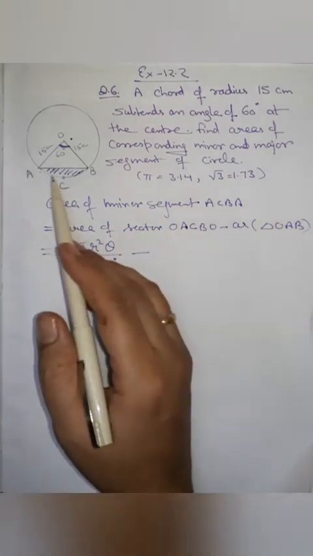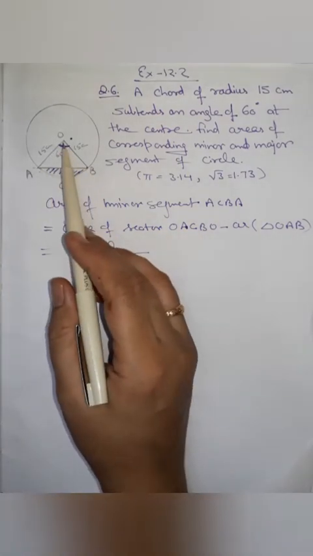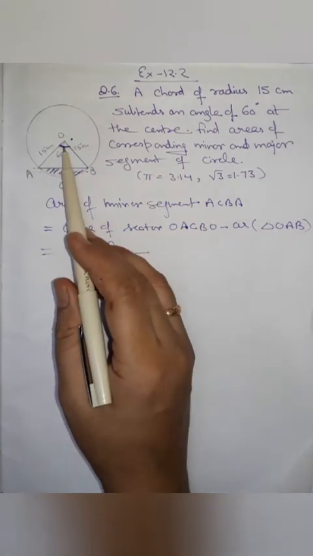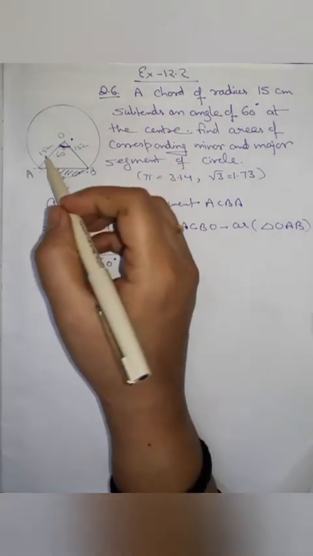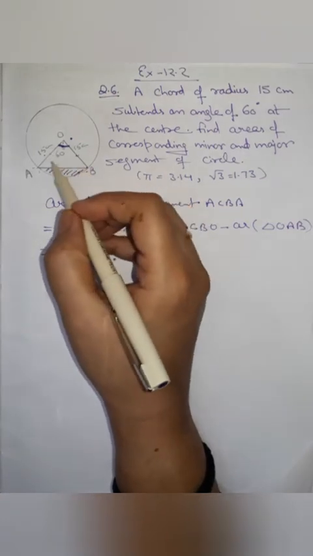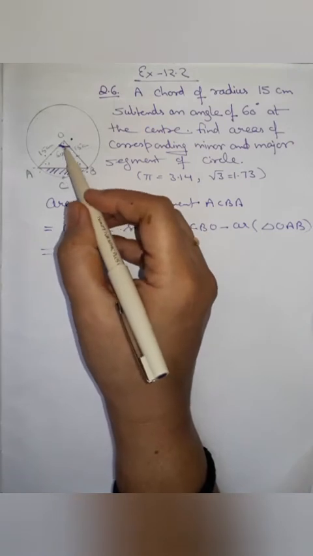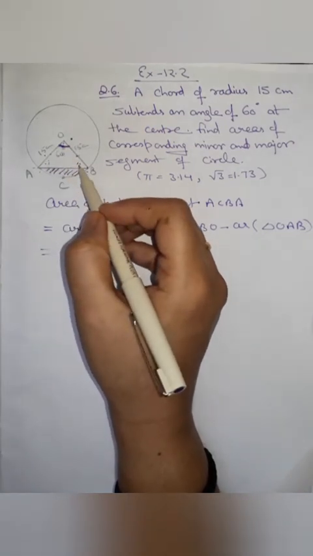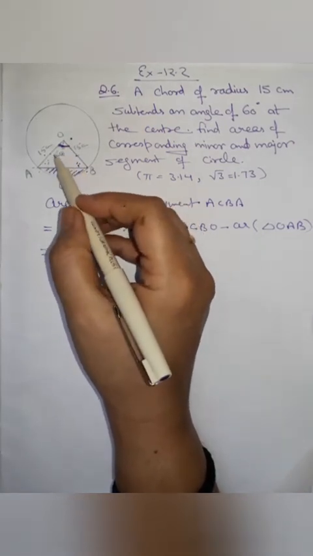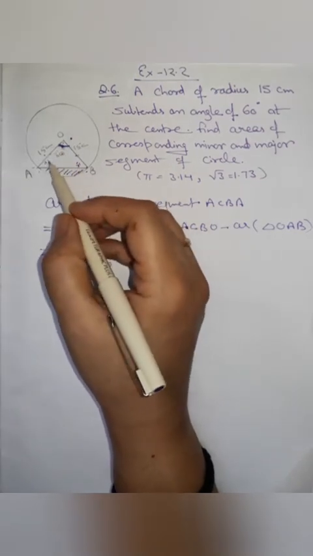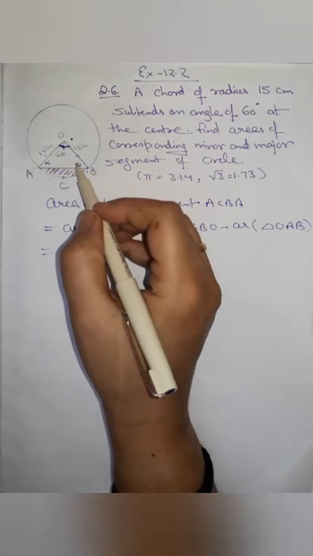We can see here area of triangle OAB can also be calculated by equilateral triangle's area formula, as this is 60. OA and OB are equal. It means the sum of these two angles will be 120, as this is 60 and the sum of three angles is 180 degree. 180 minus 60 is 120, and these two are equal, so 120 divided by 2 is 60, 60.